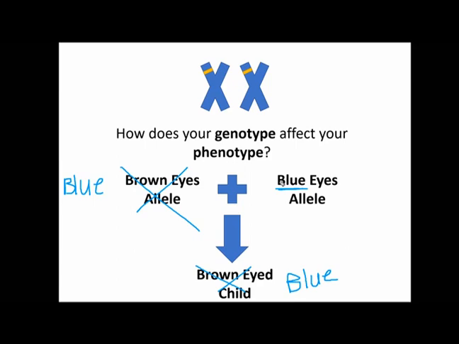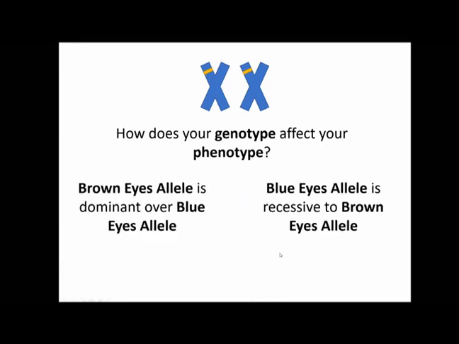So a recessive trait, like having blue eyes, can still be seen if you have two copies of that recessive allele. Whereas our dominant allele, having brown eyes, you'll see that dominant version even if you only have one copy. And that's because this one is dominant over that one.